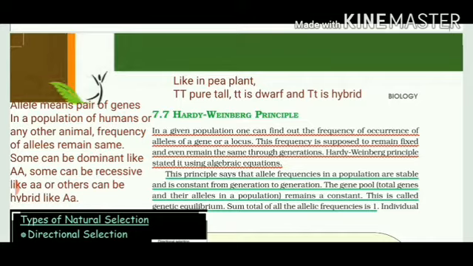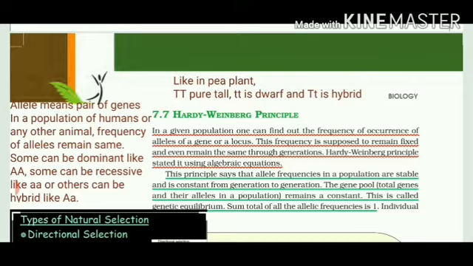If we take the example of the pea plant, the study was done by Gregor John Mendel. He studied the pea plant and said that for the height of the plant, we can write tallness as capital T and dwarfness as small t.